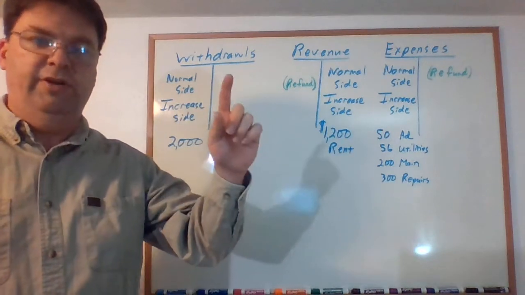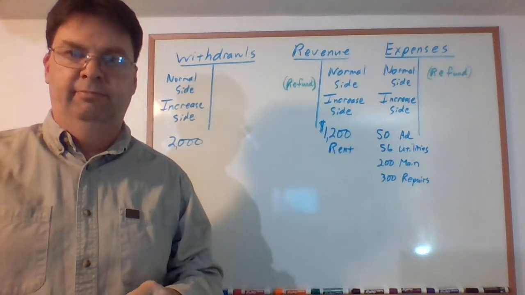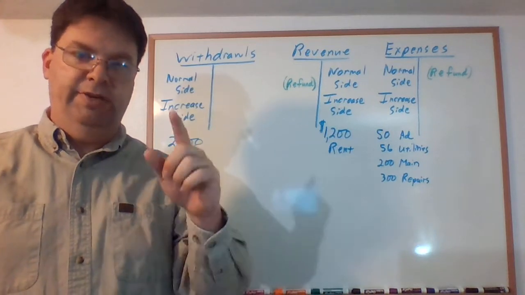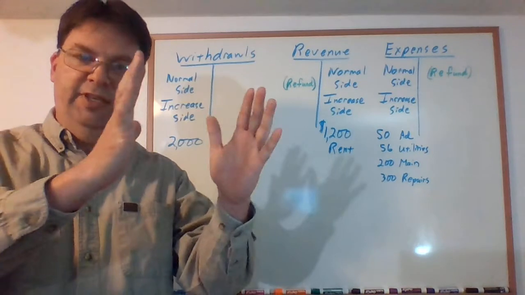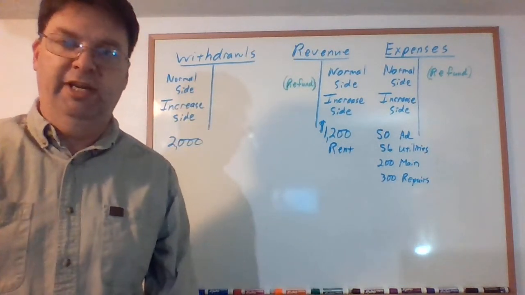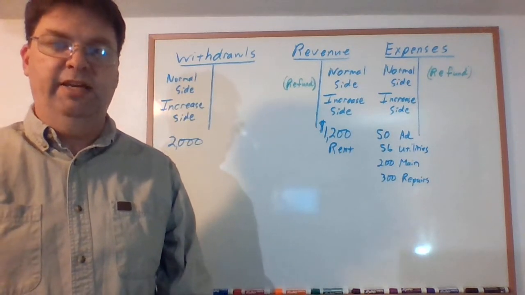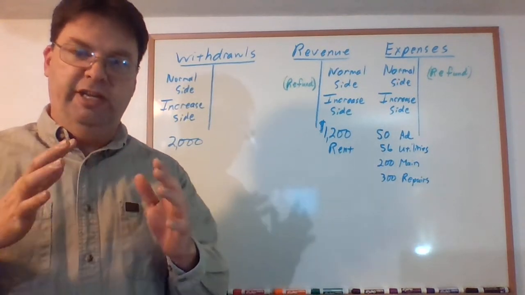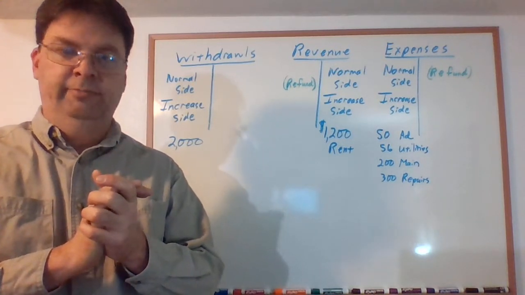is on withdrawals, the increase side is a debit. Okay? The increase side is a debit. This will make sense later when we close this account and have to put it into the capital permanent account. Remember, these are temporary, and so they're designed with the feature of opening them each month and closing them back to zero at the end of the month.